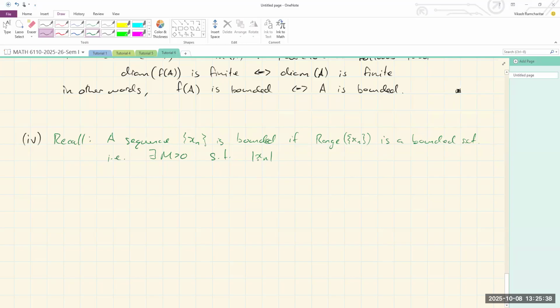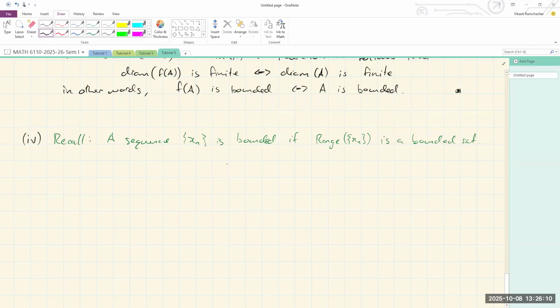Otherwise, we have to put a norm here. So that's why usually we don't write this one. That only follows if you have a norm on the space. Of course, if you have a metric, you can get a norm. It's just the distance from the point to zero. But then the space has to be a vector space. Anyway, this is the definition we're going to use.